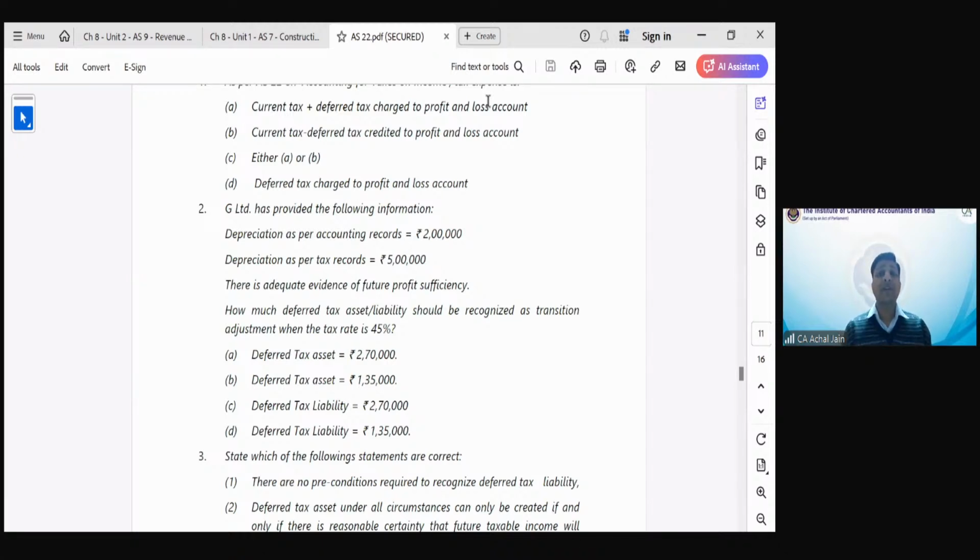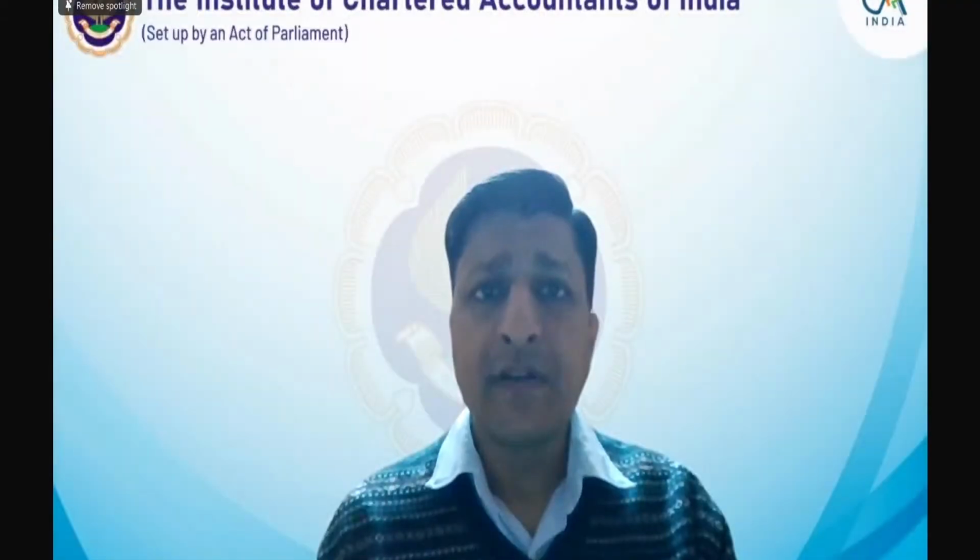Therefore my taxable income will go up, which will result in a liability. If you apply the tax rate on the timing difference, the amount is straightforward. I understand the confusion would have been around the asset or the liability. I'm hoping this query is also now clear.